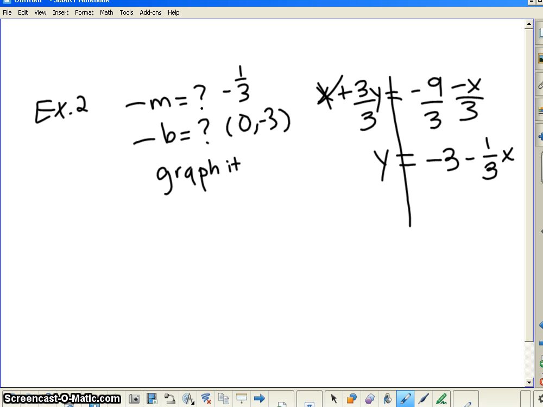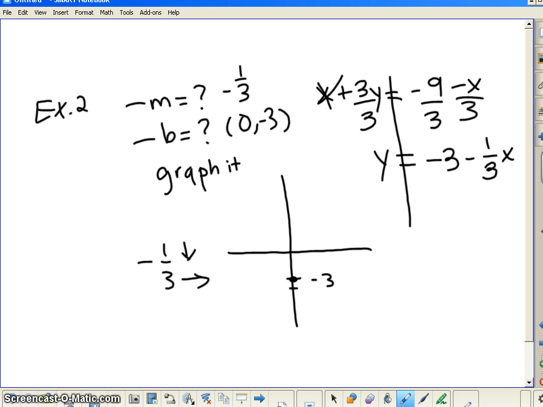Now to graph it, nothing fancy, okay? Just start at 0, -3, put a point, and since my slope's negative, -1/3, that means go down 1, right 3.